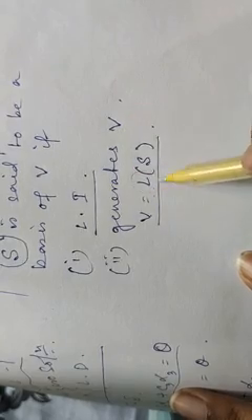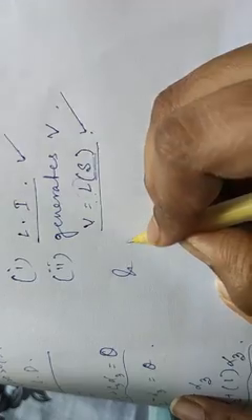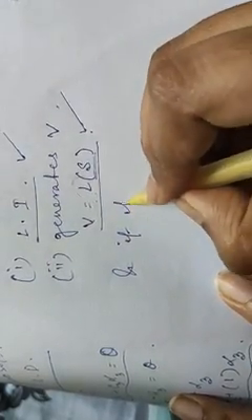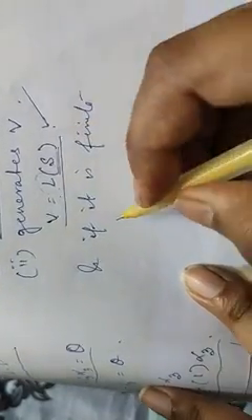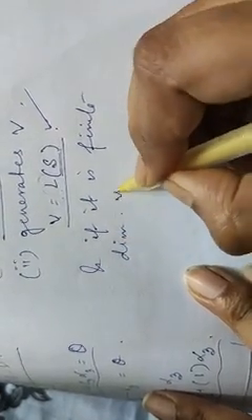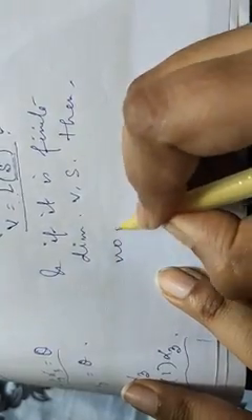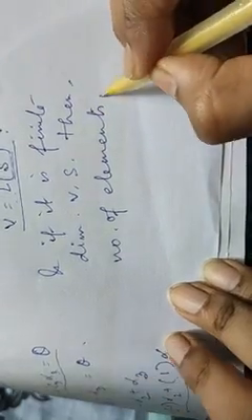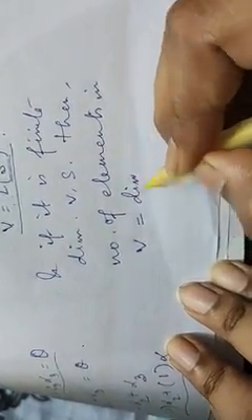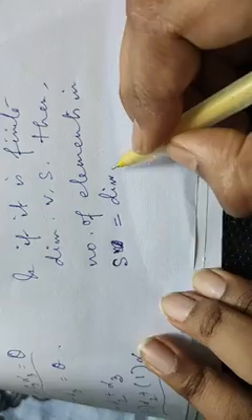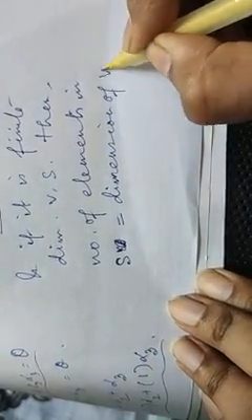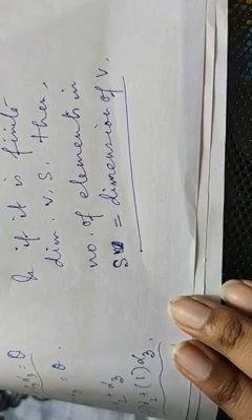The conditions are, first of all, it should be linearly independent, and the second is it should generate V, that is V equals the linear span of S. If these two conditions are satisfied, then S is said to be a basis of V. And if V is a finite dimensional vector space, then the number of elements in S is said to be the dimension of V. That is, dimension means basically the number of elements in the basis.